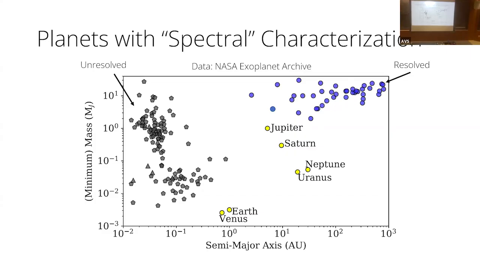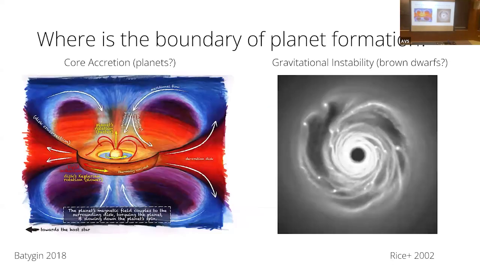So one of the things we're trying to do with the directly imaged planets right now, with our ability to characterize them, is try to understand where is the boundary of planet formation. We think planets like our own Jupiter form through this process called core accretion, where first the planet accreted a solid rocky core, and once that core is massive enough, it was able to accrete gas and undergo runaway accretion to eventually form these giant planets from what's called a bottom-up process.